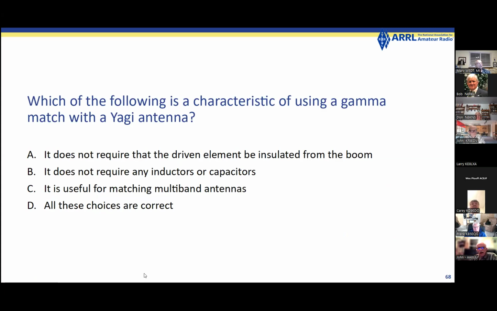Which of the following is a characteristic of using a gamma match for the Yagi antenna? It does not require that the driven element be insulated from the boom. It does not require any inductors or capacitors. It is useful for matching multi-band antennas. All these choices are correct.